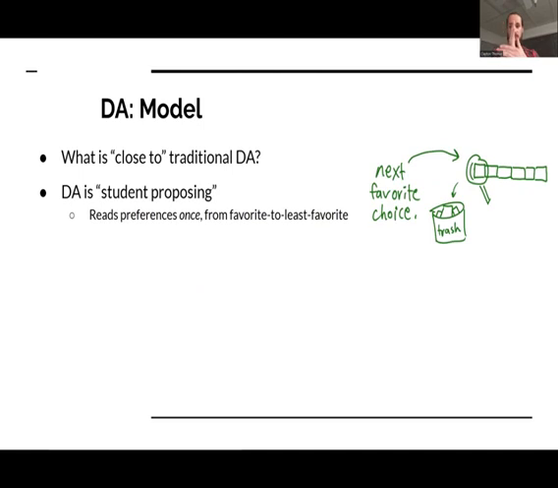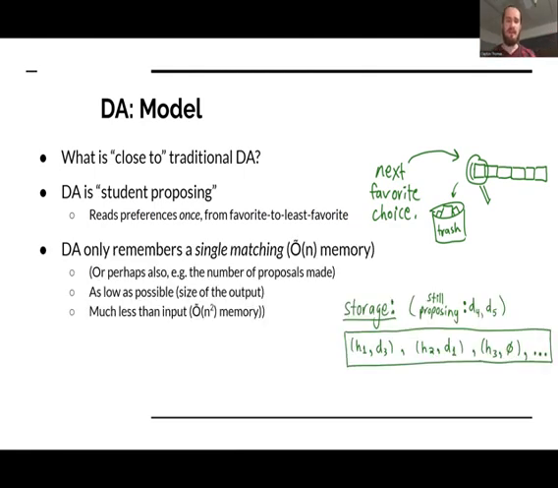It reads students' preferences once from favorite to least favorite order without restarting or going back at all. Second, DA only remembers and does any bookkeeping for a single tentative matching of the students to the schools. Maybe storing a little bit of extra metadata, the set of currently unmatched students, or the number of proposals students have done, things like this.